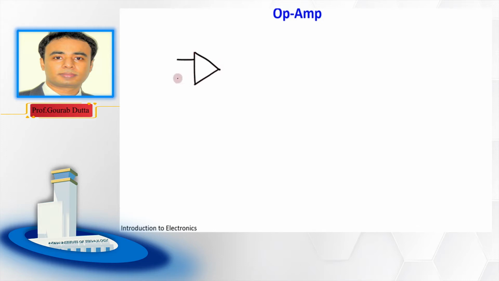This is one input, this is the second input, and this is the output. For one of the inputs, beside the input line, we place a negative sign, and for the other one, we place a positive sign.